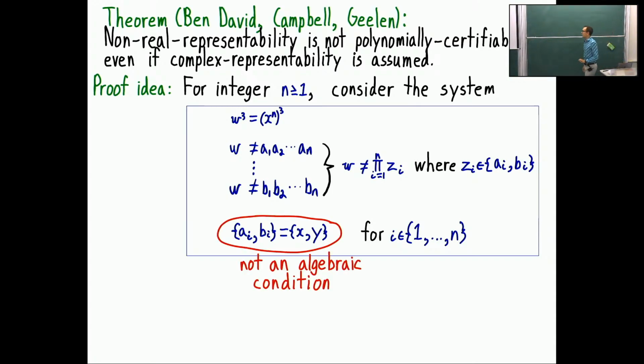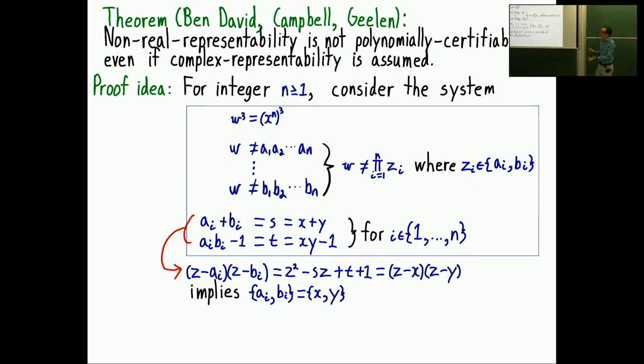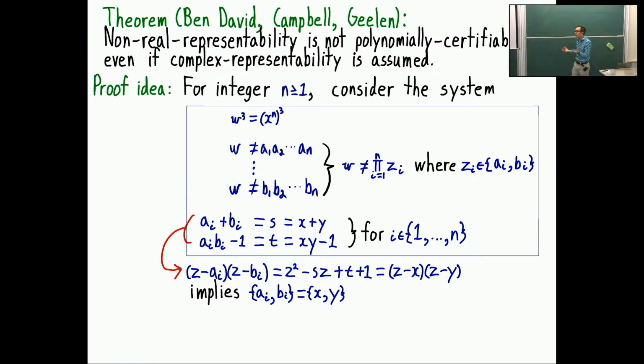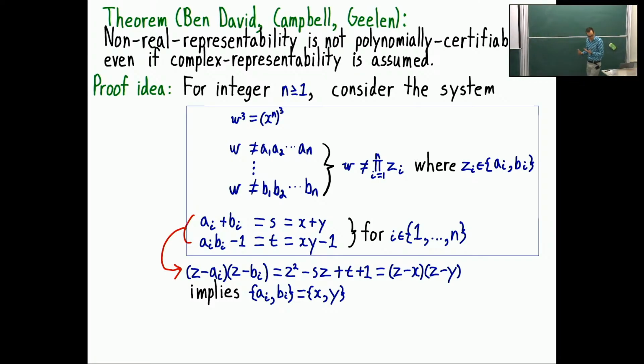We can do this by having a quadratic that has this set as roots. We'll say what the quadratic is by giving its coefficients, and we have the relationship between roots and coefficients of polynomials. So we just give these two relations to say that this pair of AI and BI is equal to x and y.